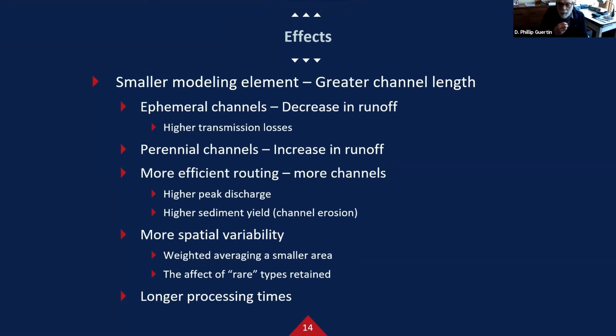More spatial variability if you have small modeling elements. You're weighted averaging a smaller area, so we're more likely to retain the impact of rare types. There are some advantages to this because you can actually represent that rock outcropping if it's there. This does also mean that you're going to have longer processing times.